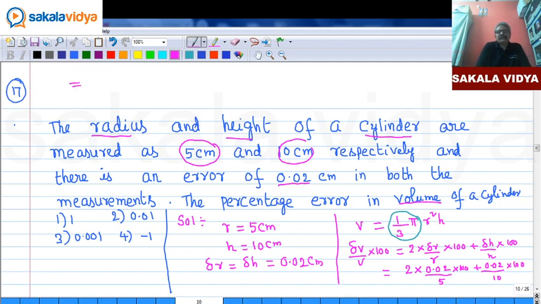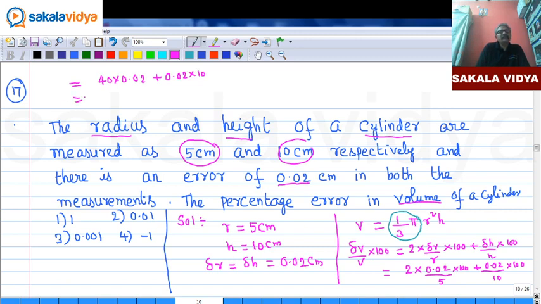So this equals 100 into 0.02 is 2, so you can write 40 into 0.02 plus 0.02 into 10.